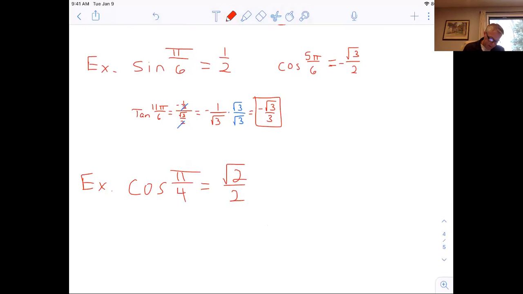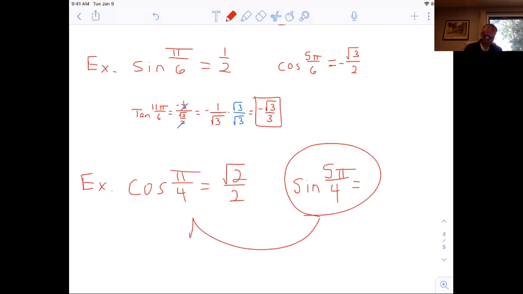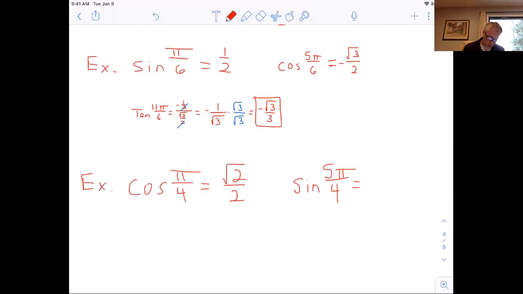So if I wanted to find, let's say, the sine of 5 pi over 4, a related problem, because pi over 4 is my reference angle. So I know the root 2 over 2, because that's both the x and y value, is going to have something to do with it.